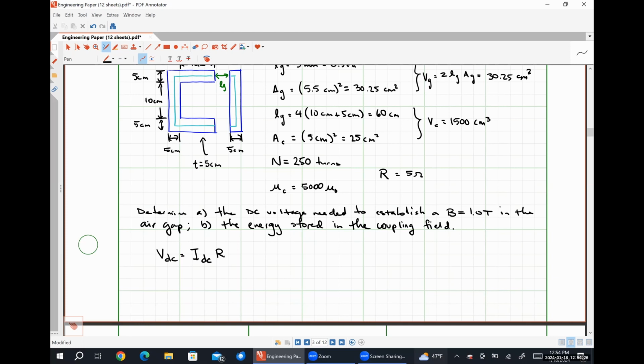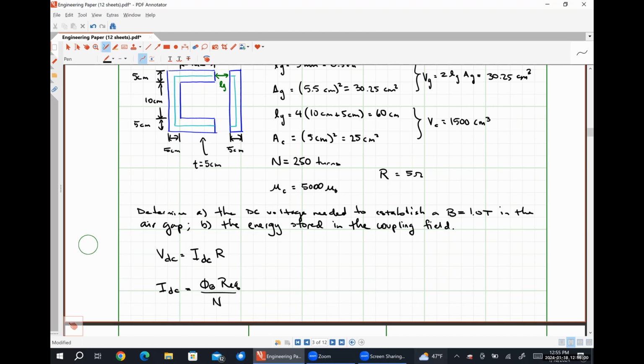Okay, just good old Ohm's law, nothing remotely fancy here. In order for us to calculate the DC current flowing in our system, we are going to use Ohm's law for magnetic circuits. And so that's going to be our magnetic flux times our equivalent reluctance divided by our number of turns.